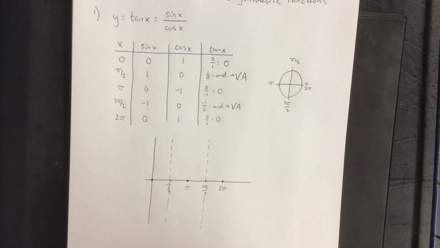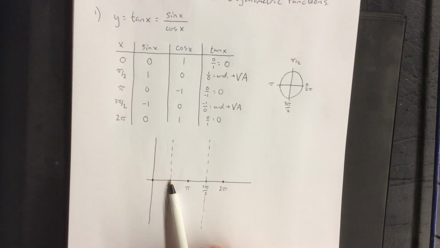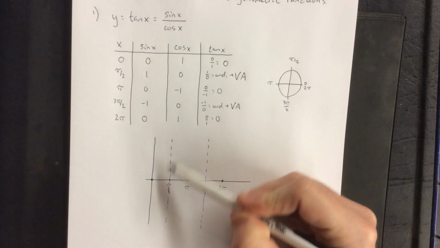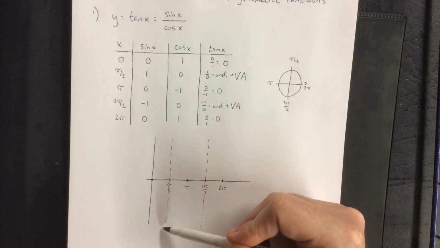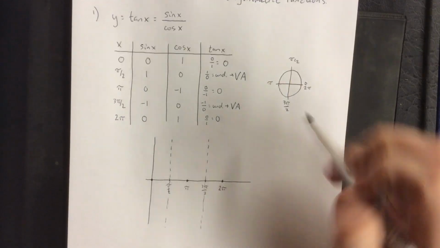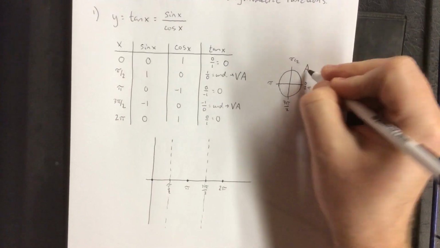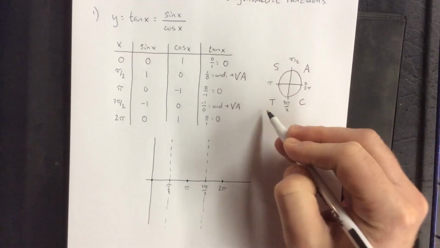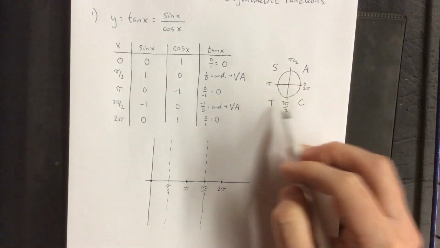So the first thing I want to do is consider the leftmost portion of our graph starting here at x equals 0. When it comes to a vertical asymptote, the only thing that you need to figure out is, will I be going to the top side of the vertical asymptote, or am I going to the bottom side of the vertical asymptote? We can answer that question by heading back to our unit circle with this lovely phrase right here: all students take calculus, or all stale tacos crunch.